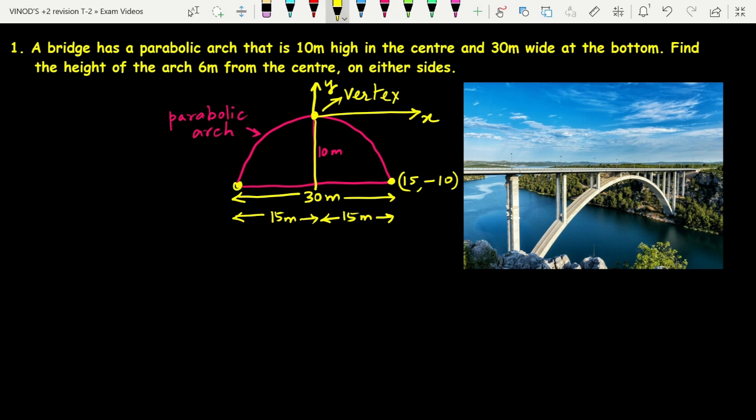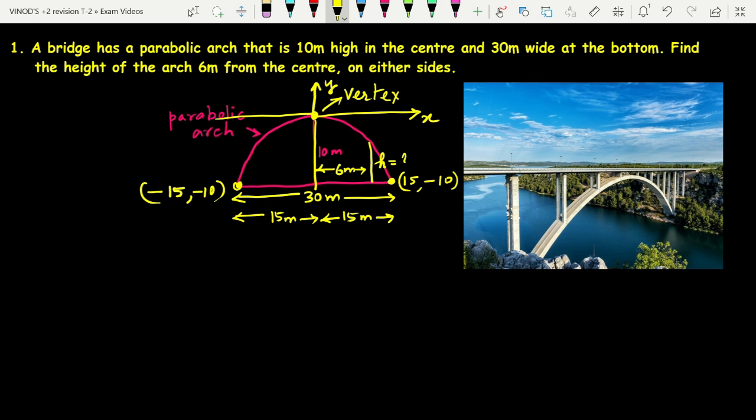The left side point is on the negative side of the x-axis, that is, on the left side of the y-axis. It is (-15, -10), and once again from the x-axis you have to come down 10 meters, so it is minus 10. After marking these two coordinates on the arch, from the center you have to move 6 meters to the right and find this height.